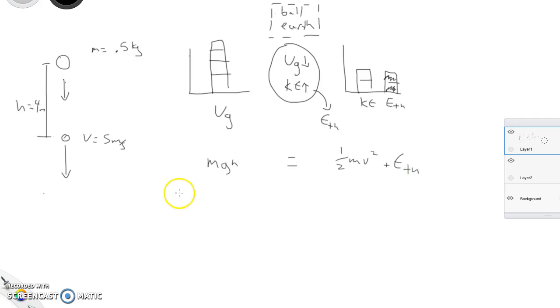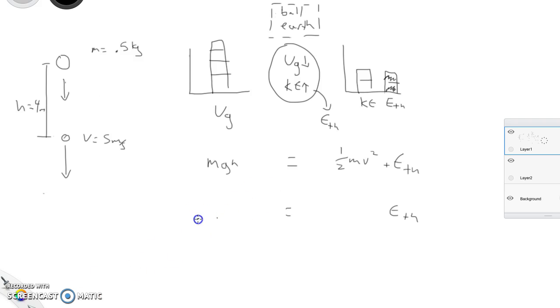Okay? And so now we can do a couple of things. We can find each of these energies. We can find out how much thermal energy was created. And we can even find how efficient the ball drop was. So you can go ahead and do the calculations. Find the potential energy and the kinetic energy and solve for the amount of thermal energy created.